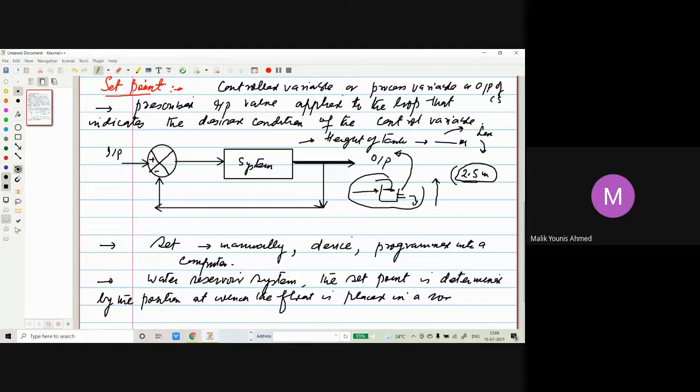So we'll see that diagram, how the float will be looking. When the water level goes high, the linkage mechanism will push that float, and the water will close. When the water level is low, the float will be going up.